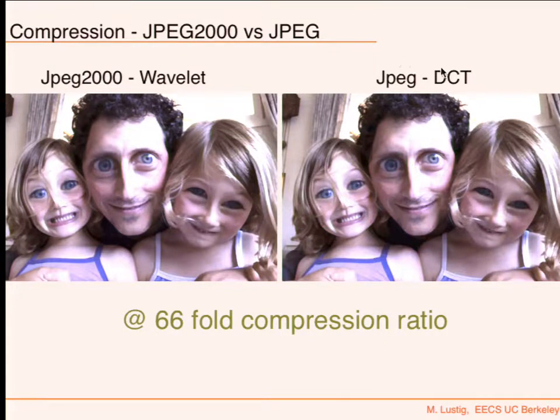JPEG uses the DCT, which is a block DCT, so it takes blocks of 8 by 8, and then computes a DCT, which is something similar to the DFT, but not really, just using a cosine instead of a cosine plus i sine, and then performs some quantization on those coefficients, and then stores them. Okay? Wavelet does that on bigger blocks, computes the wavelet transform, and then does some quantization of the wavelet coefficients, and then stores them in a particular way.